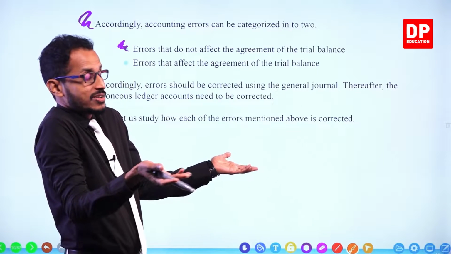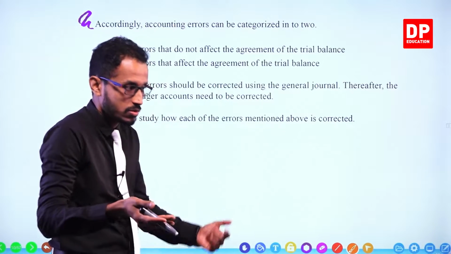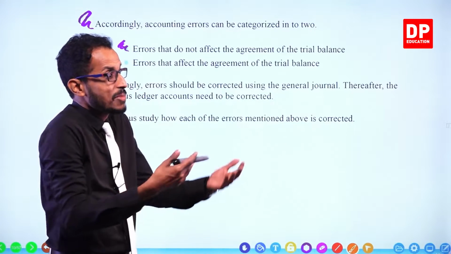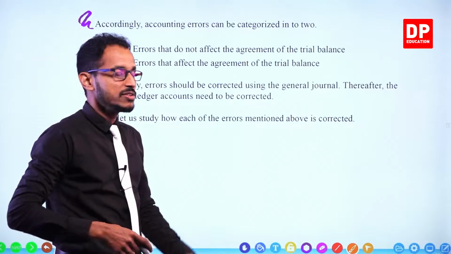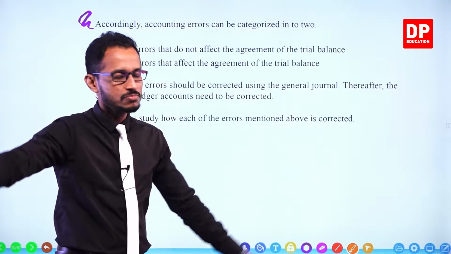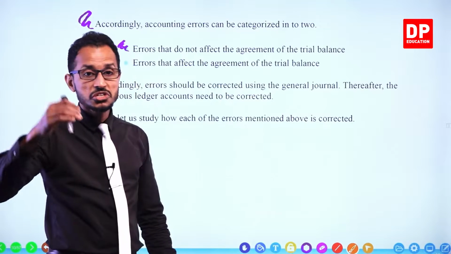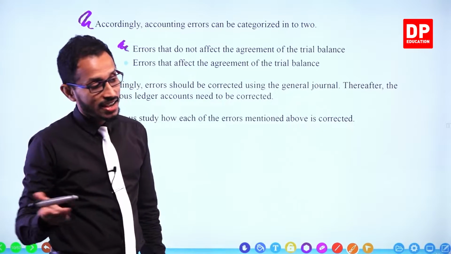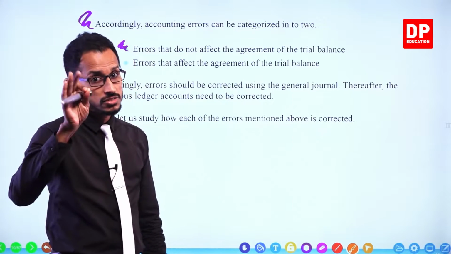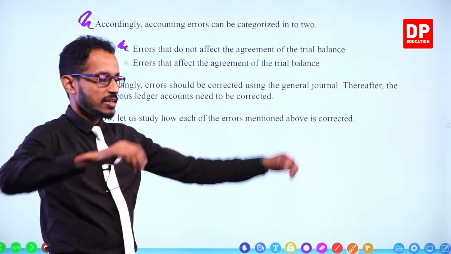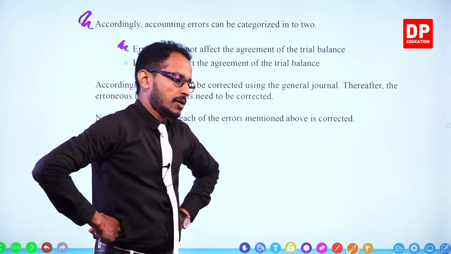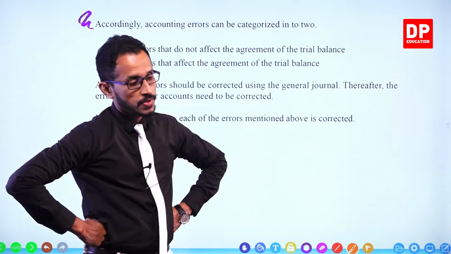You can't even trace them, you don't even know. The trial balance is balancing. You say, wow, my trial balance balanced, I'm a genius. And I will say, really? Your trial balance balanced?